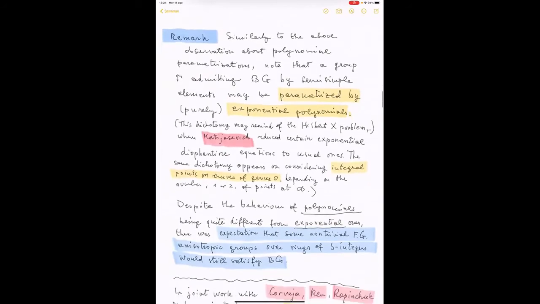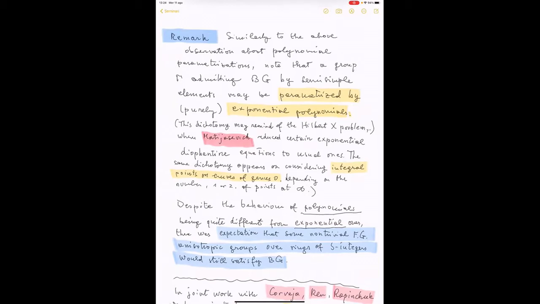So I again go back, as a remark, to the former observation about polynomial parameterization. In this case, if our group is boundedly generated by semi-simple elements, then the parameterization occurs, but with purely exponential polynomials.